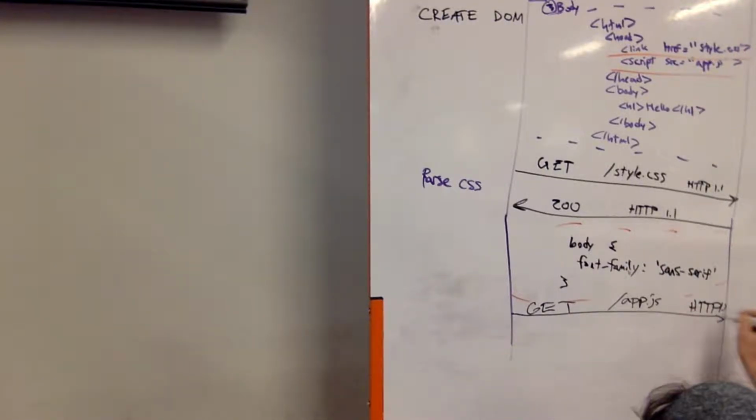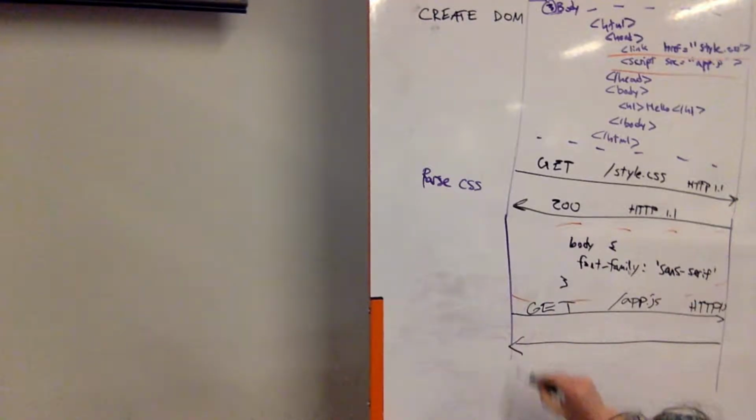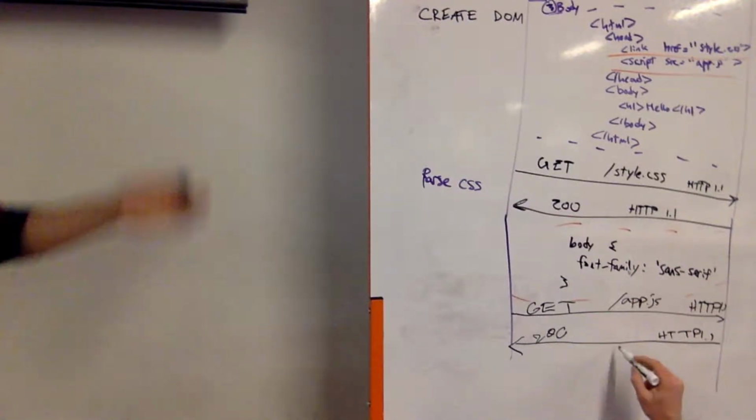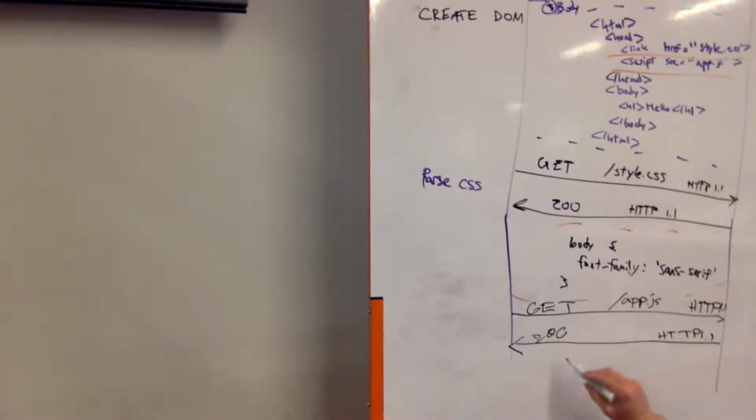Wants it in the same HTTP 1.1, and then the server is going to respond with, if it's there, 200. Format you want it in. You can define what's in it. You can describe, you can come up with what the body is.